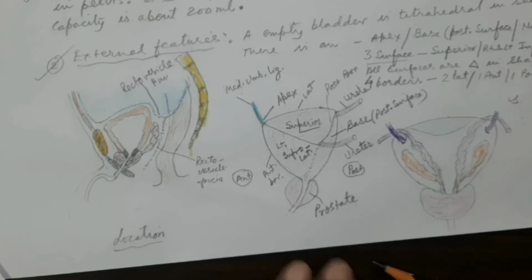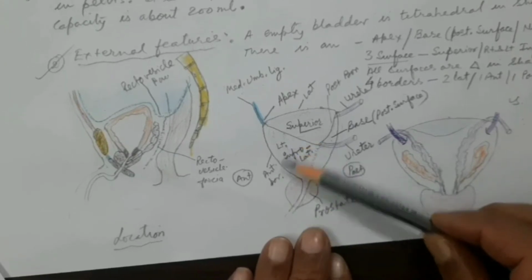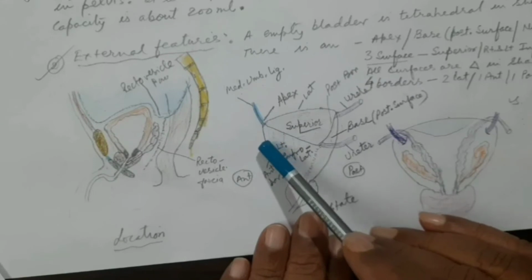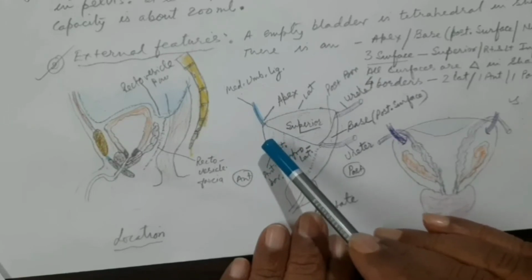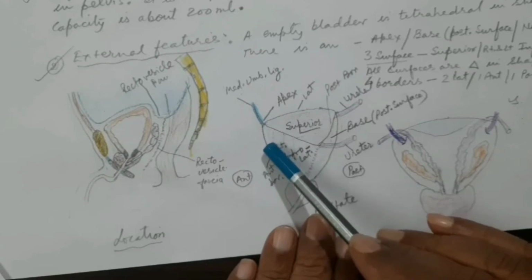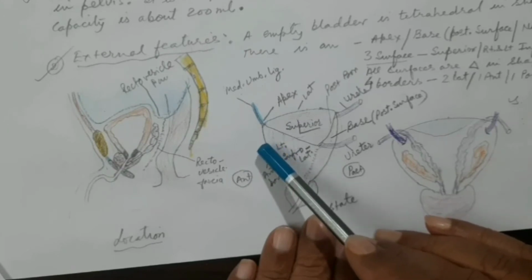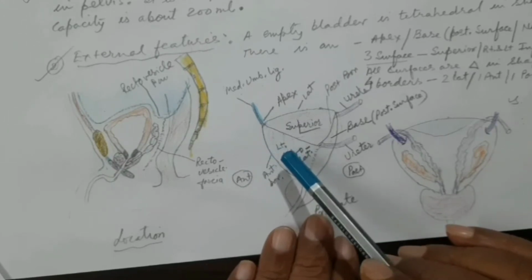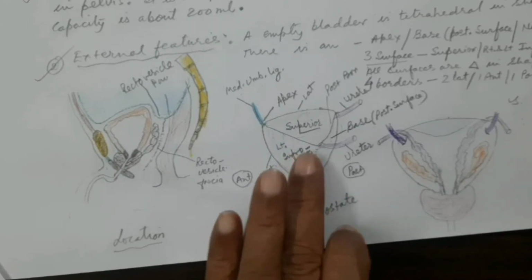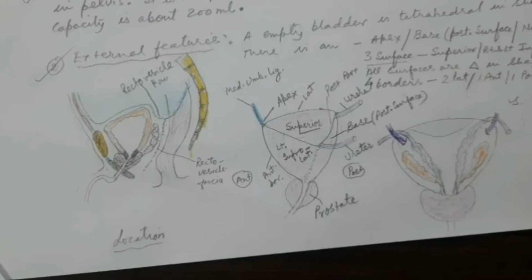Once again, the relations of the infralateral surface are: the posterior surface of the pubic symphysis and pubic bone, then retropubic fat, then the puboprostatic ligament, the levator ani and the obturator internus muscle, in relation to both the right and left infralateral surfaces.